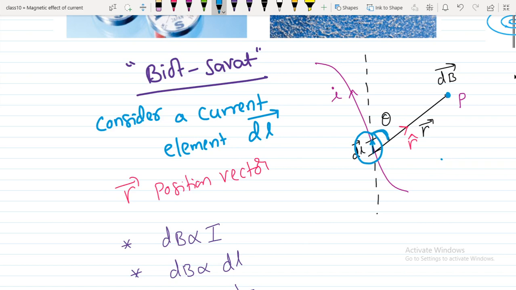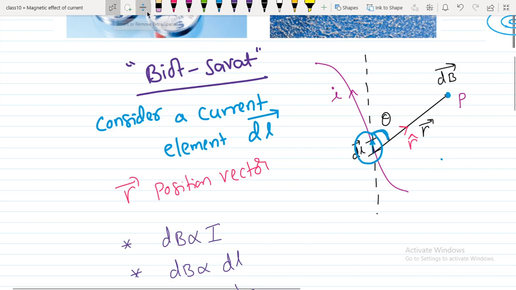By the corkscrew rule, it advances inwards. The direction in which the screw advances gives the direction of dB bar. That is the convention.